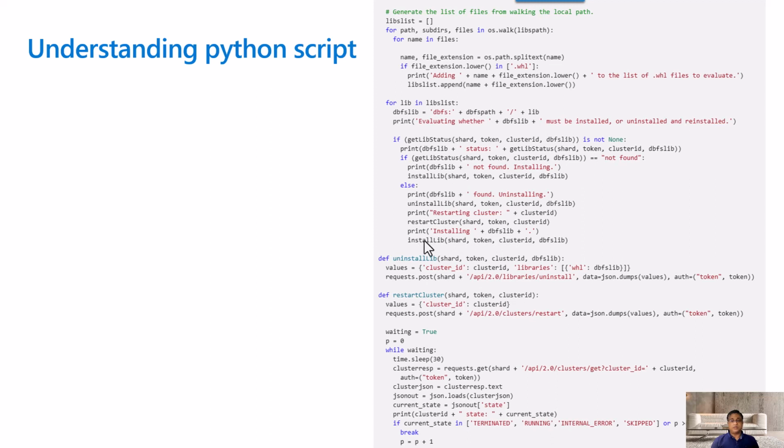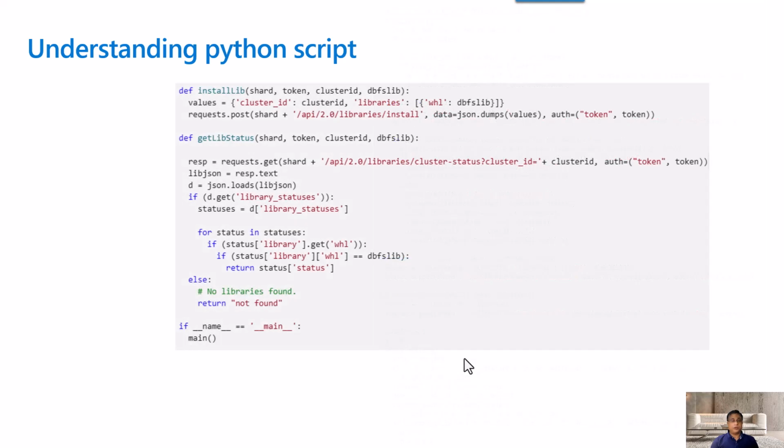And after restarting the cluster, it's going to really install this library. So these are the commands. Install lib is a helper, uninstall lib is another helper, and this is a standard logic for installing the library. Then these are the methods being used in this particular part, like restart cluster, uninstall lib, and install lib. And finally it gets the status of the library.